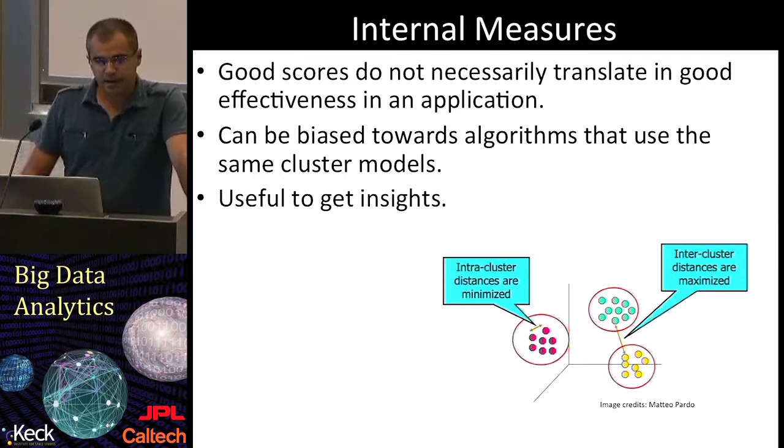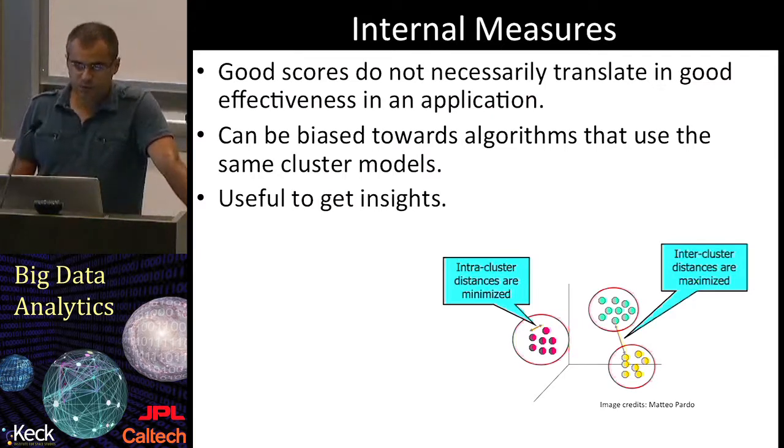Now, keep in mind anyway that good scores on internal criterion do not necessarily translate in good effectiveness in an application. Additionally, this evaluation may be biased towards algorithms that use the same criteria to build the clusters.